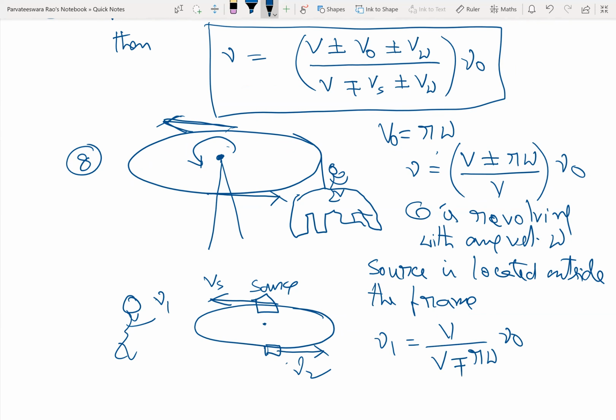So the general expression for the frequency, when the source is rotating on a rotating platform, is V by V minus or plus R omega into nu naught.